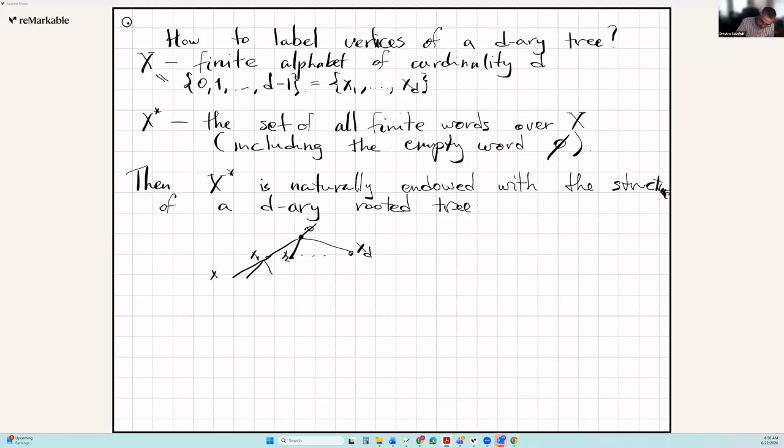So this is going to be x1 x1, x1 x2, x1 xd, and so on. And the last one will be xd x1, xd xd, and so on. So every vertex of this tree will be labeled by some finite word over X. So this is x2, something, something, xi, where i is just some index from 0 to d minus 1.